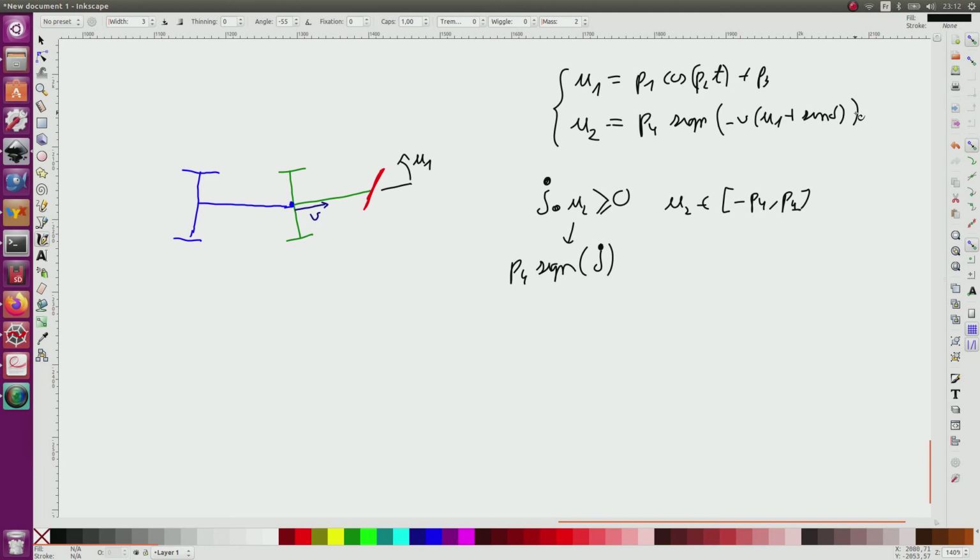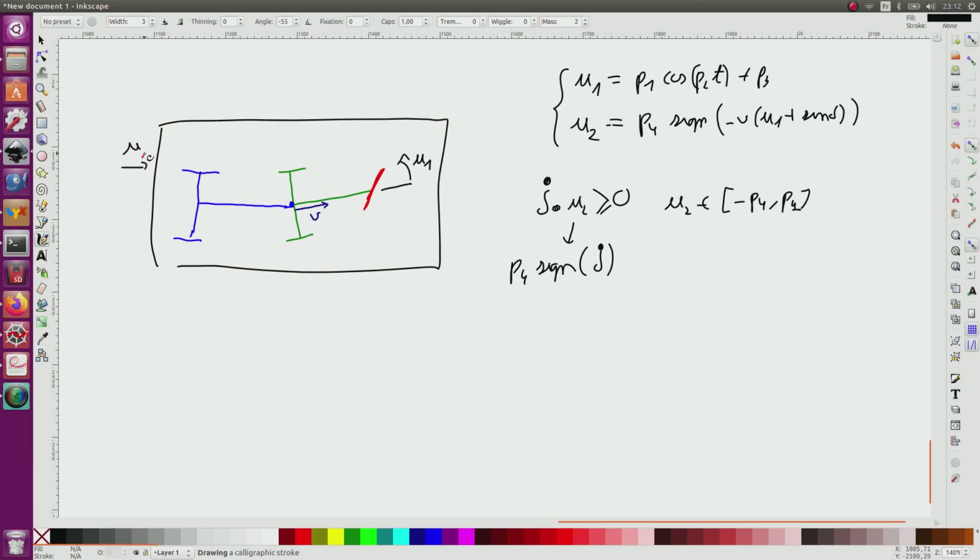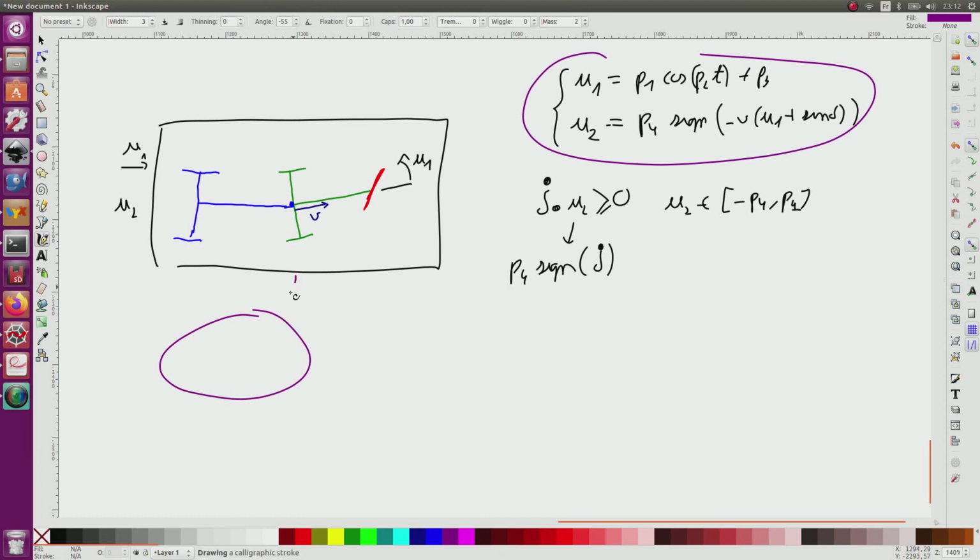Okay, so now I will apply to this system U1, U2, this controller. This controller will read the state variable, which are given by V, delta, V and delta.